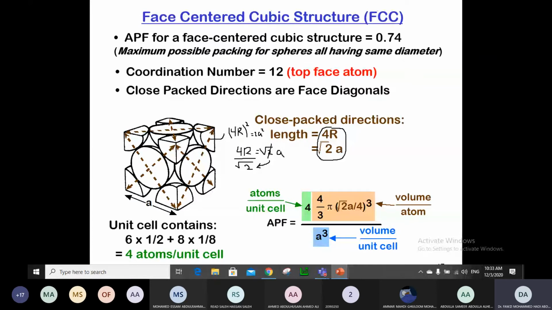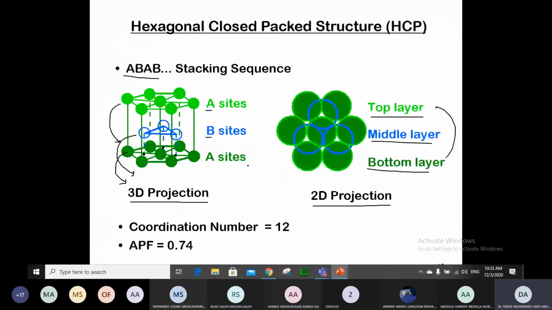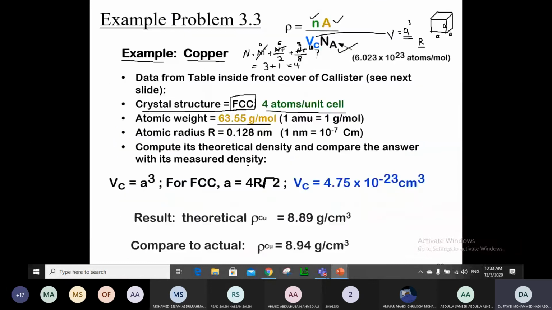A is equal to 4R over the square root of 2. Basically, the volume is A cubed, so this is A in terms of R, and A cubed is equal to all that cubed.